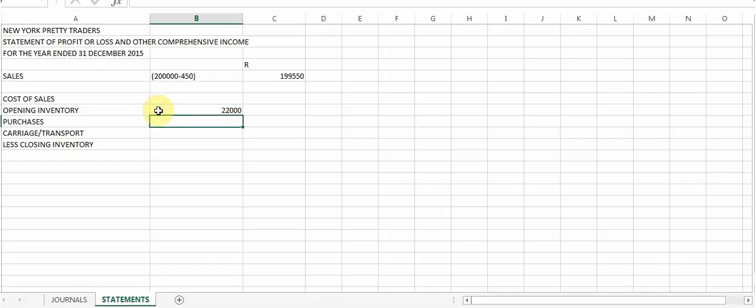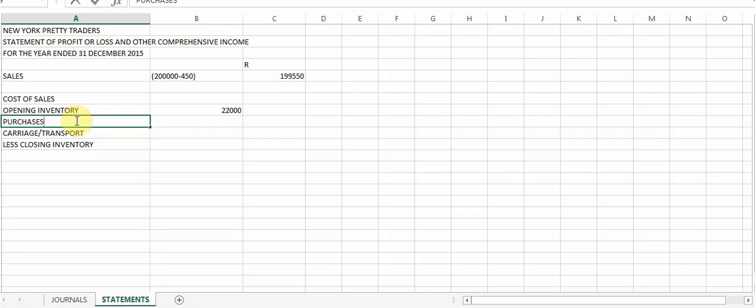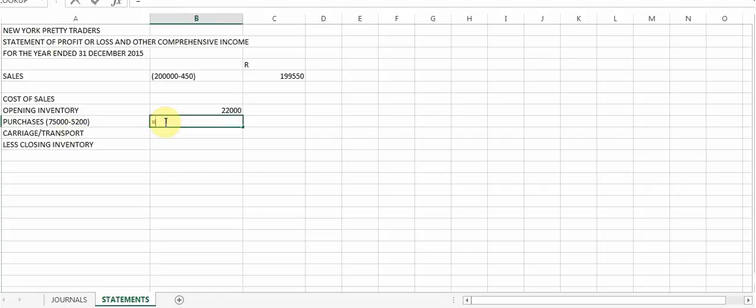Then my purchases was a calculation that I had to do, because the purchases amount given to me was 75,000, but there was purchase returns of 5,200. So a return value I need to deduct. So I'm going to say it's 75 minus 5,200, which gives me 69,800.